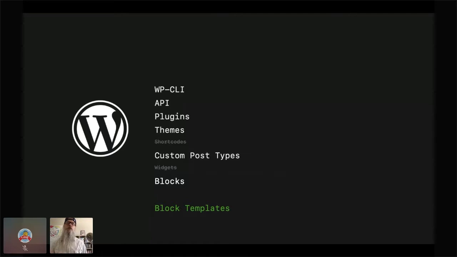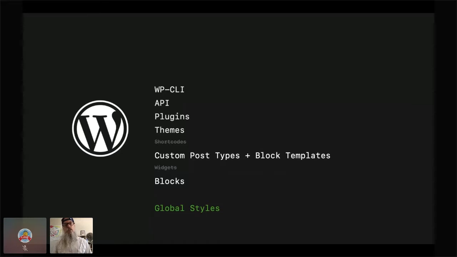But I described this earlier as a template of blocks or a page layout of blocks, block patterns on a page, and being able to select that in Gutenberg and add it to your document is great, and it'll help enforce good design practices as well. And as these merge into WordPress, I could see them working really closely with something like custom post types. You can have a custom post type that dictates what sort of block template needs to be used.